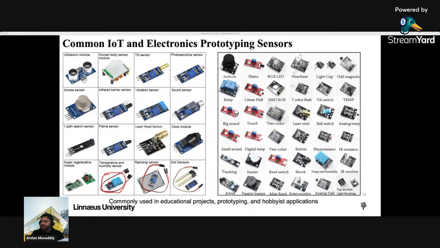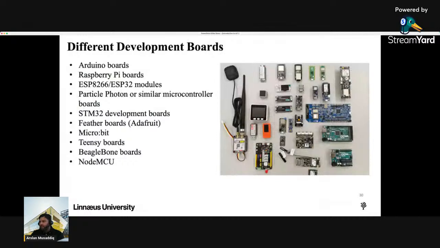And these sensors need a development board to work. Here you can see some of the most popular development boards used in many educational IoT projects especially. These boards serve as the foundation for building and testing IoT devices, providing the necessary hardware and interfaces for sensors, actuators, and connectivity modules.